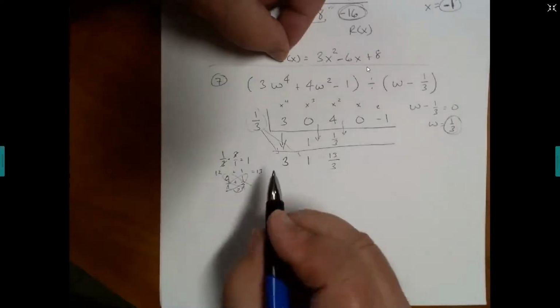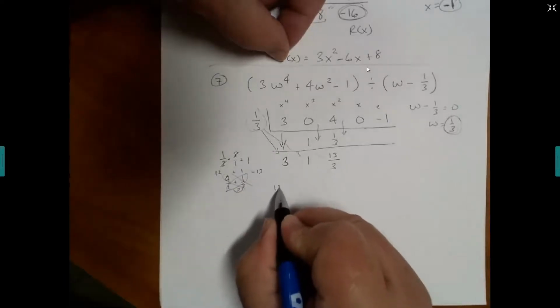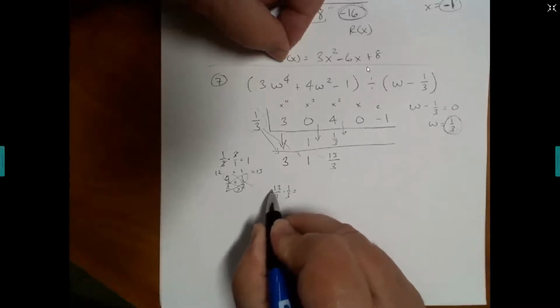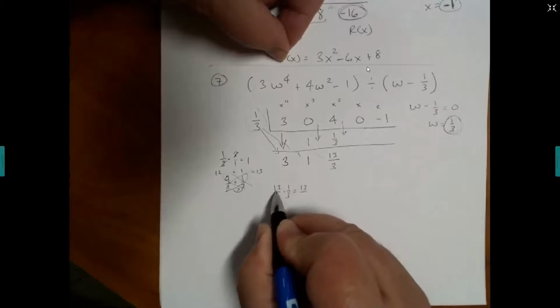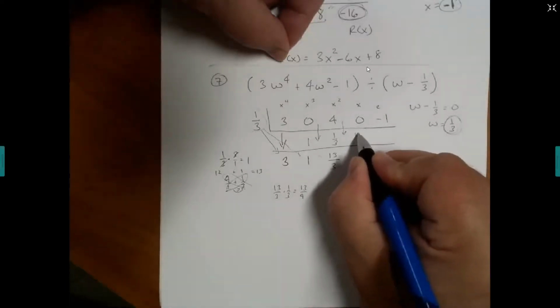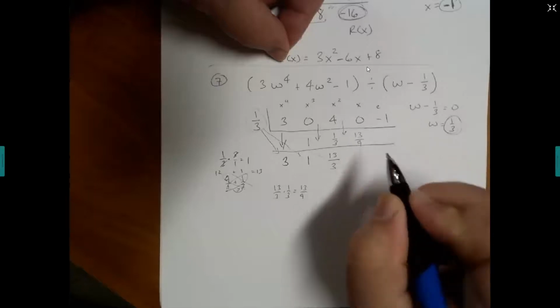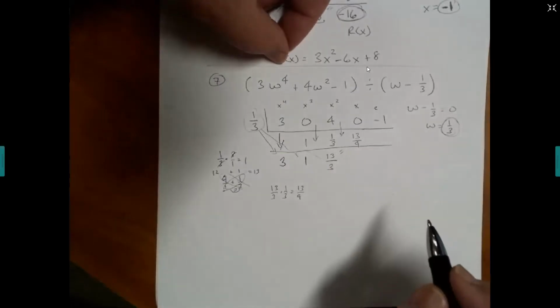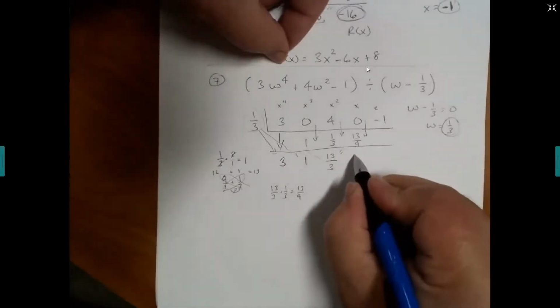Multiply this now. 13 over 3 times 1/3. Nothing cancels. Multiply straight across. 13 times 1. 3 times 3 is 9. So it's 13 over 9. Add.